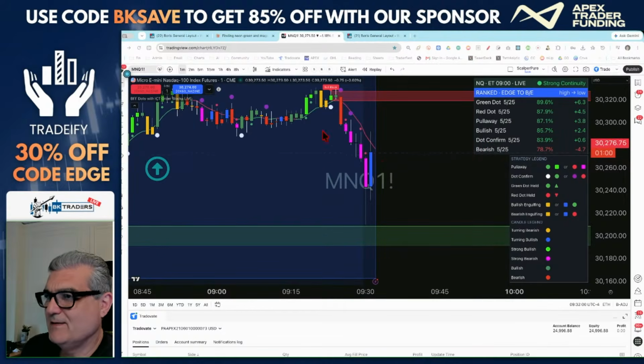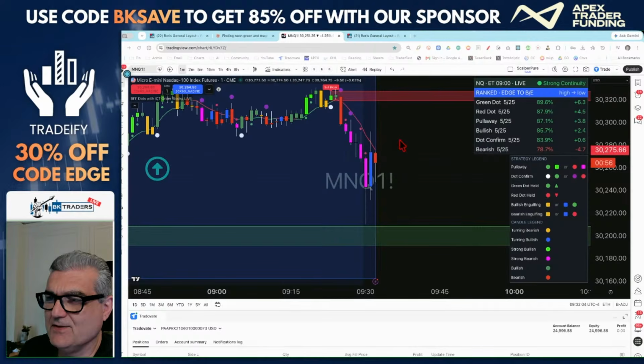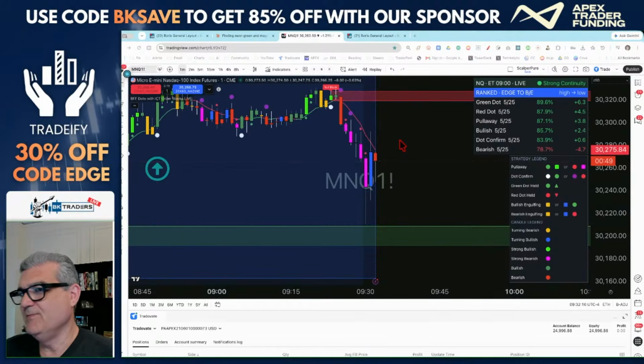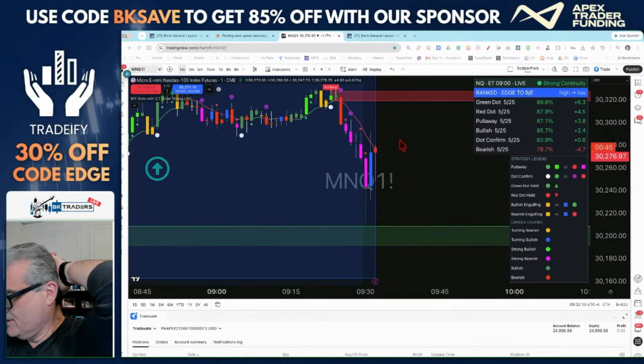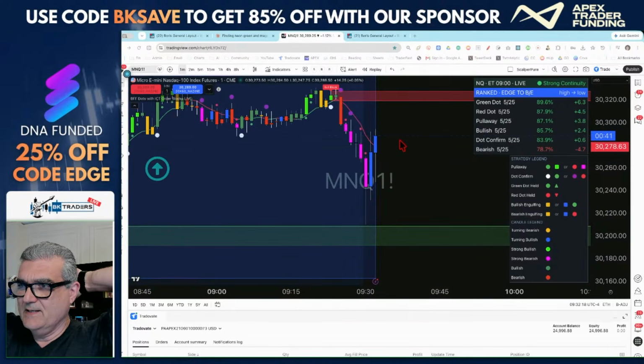Obviously, here's the short red dot, which got invalidated on this one. So now we don't have any setups until, and I think the game plan is always the first 3 minutes, let it shake itself out before it sets up the setups. Okay, I think I saved my charts properly so I can configure them the right way.